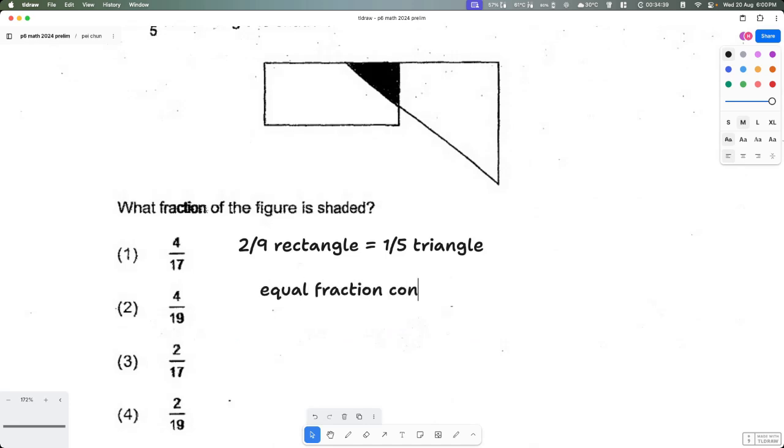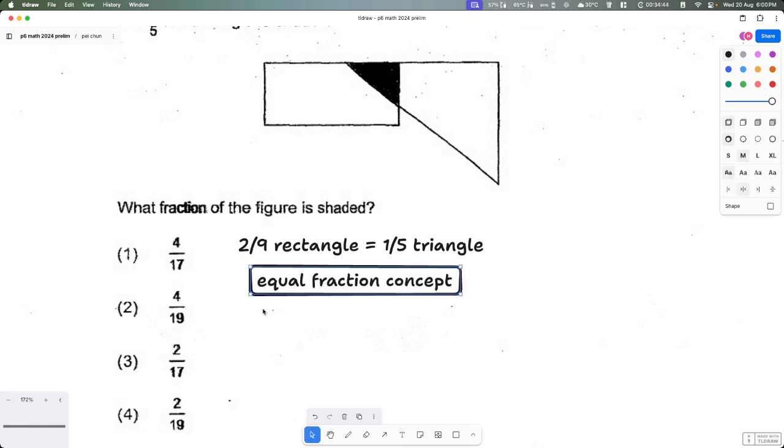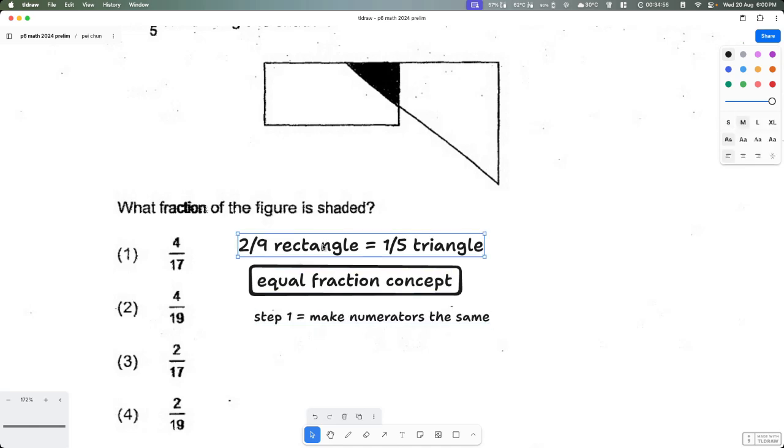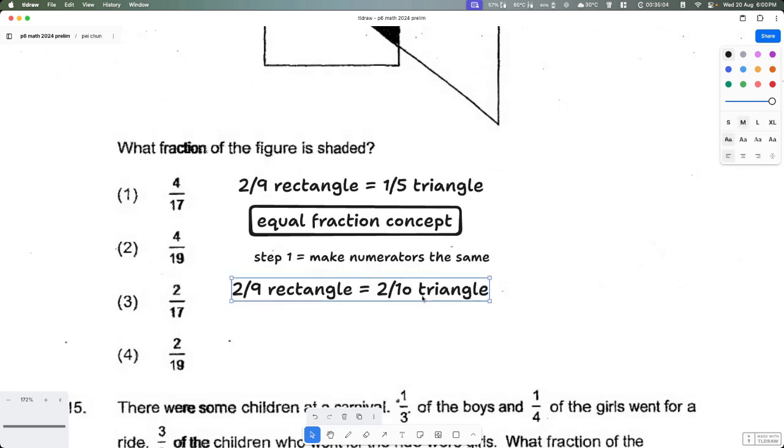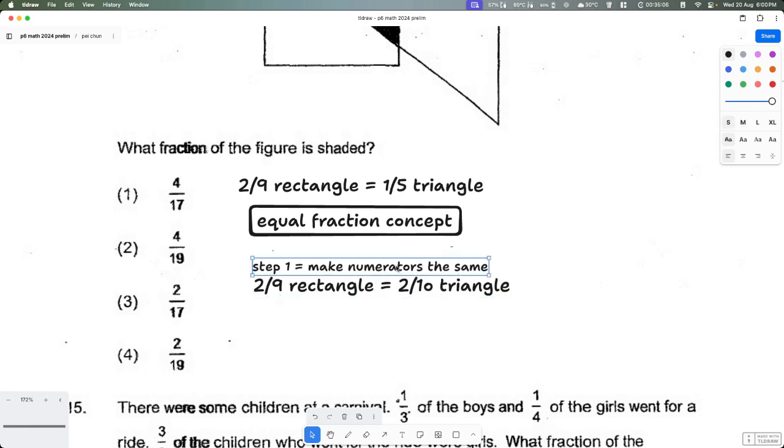We need to make the numerators the same. Step 1, make the numerators the same. So we will just make this 2 out of 10.